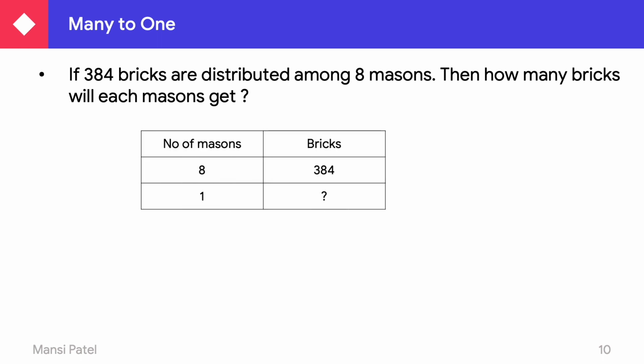That's why we have to write down the number of masons first, and we have to find out how many bricks, so we write the number of bricks on the right hand side. So 8 masons is equal to 384 bricks. So 1 mason is equal to question mark.